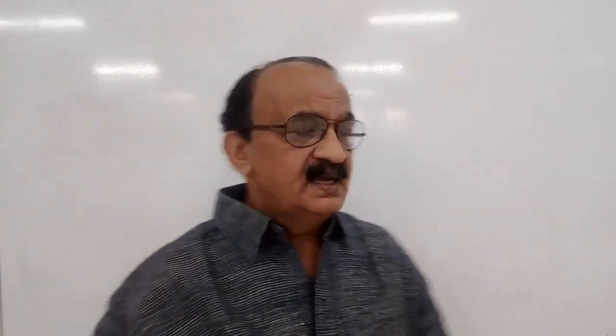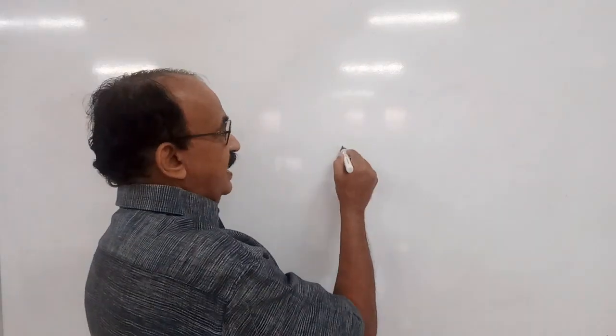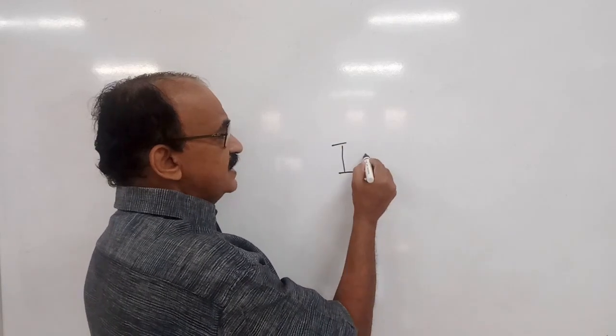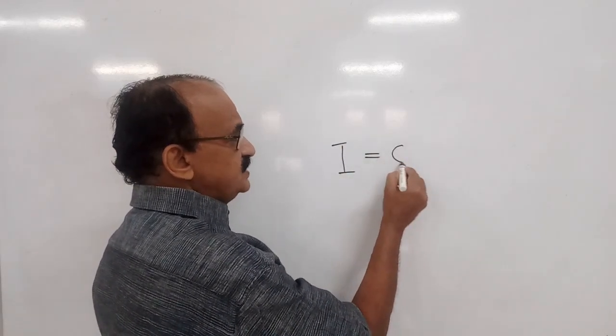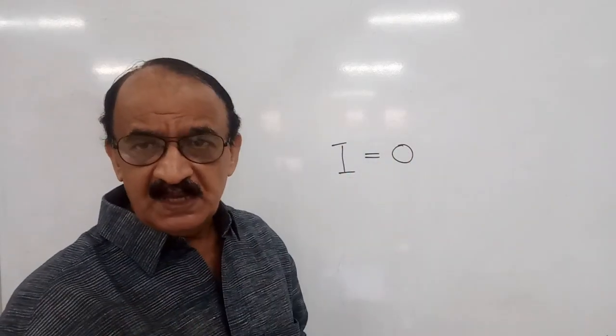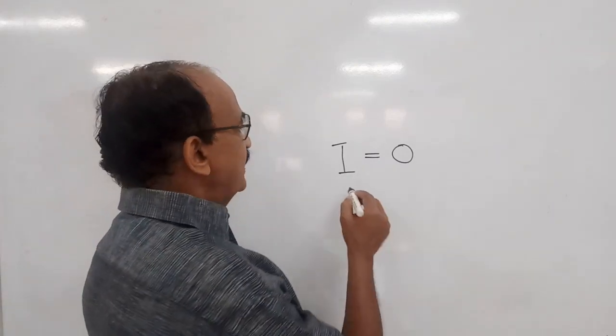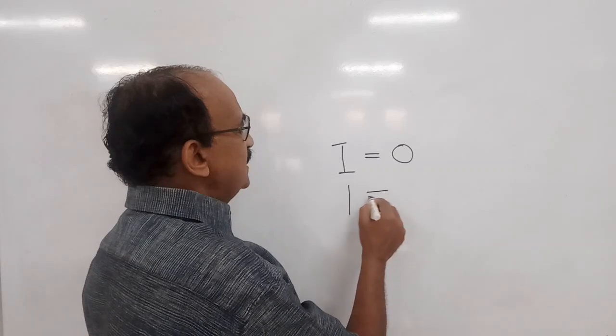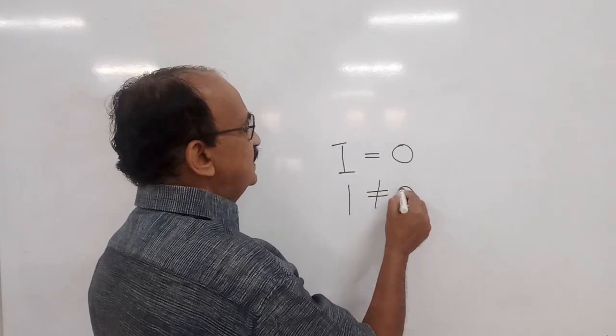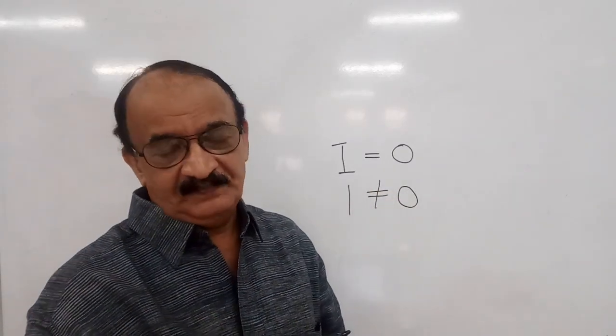In order to have a magnetic moment, it should have a net spin. Net spin is denoted by the capital letter I. If I is equal to 0, it is said to be non-magnetic. If I is not equal to 0, then it is said to be magnetic.